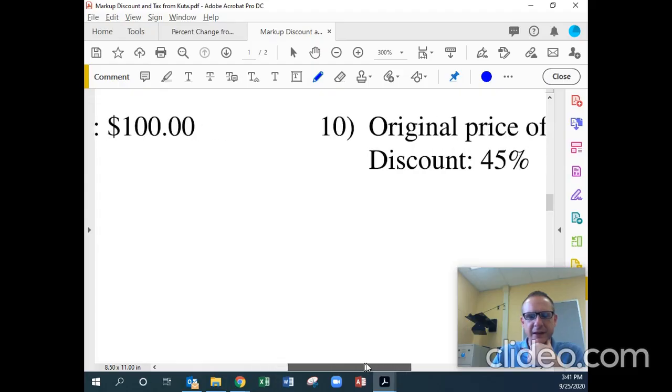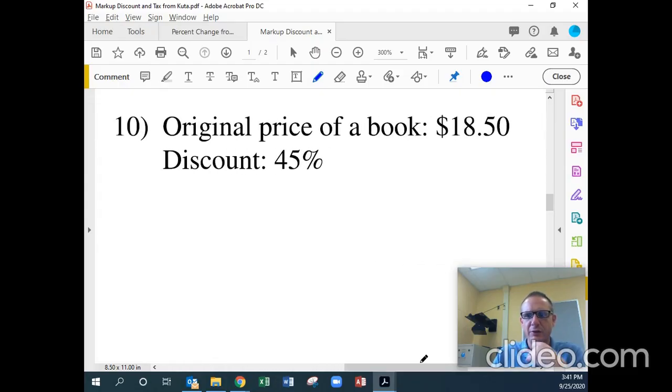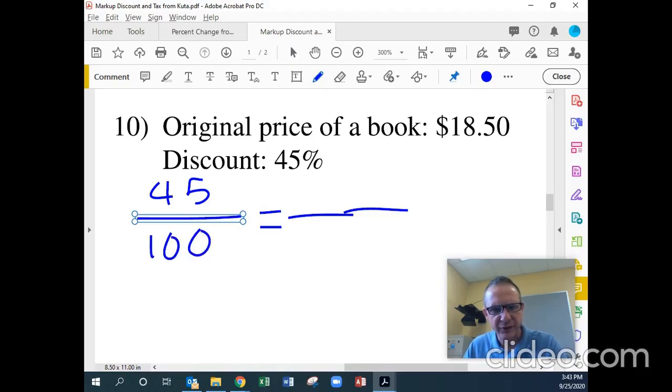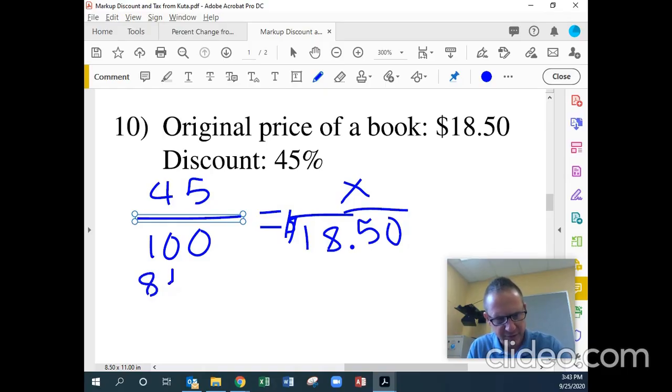So if it's a discount, then you get a certain percent off of the price. 45% is the proportion that I'm going to get off. 45% is the part of $18.50 that I'm going to get off of the price. 18.5 times 45 gives me 832.5, just cross multiplying here.